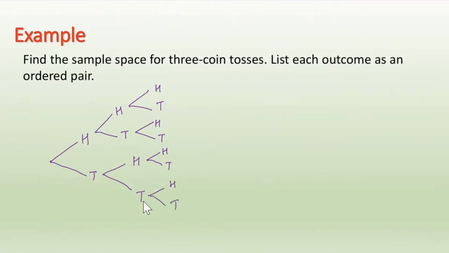So if you look at the outcomes, the first outcome is head, head, head. Second is head, head, tail. The third is head, tail, head. Next we have head, tail, tail.